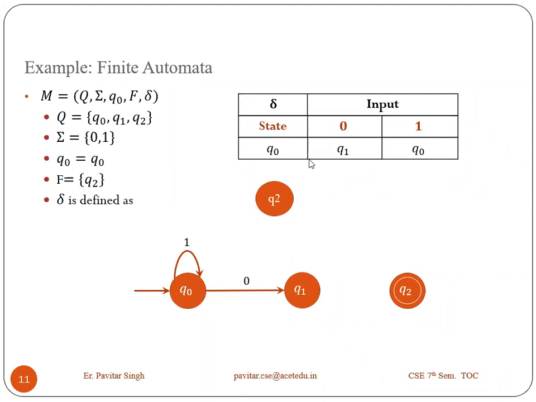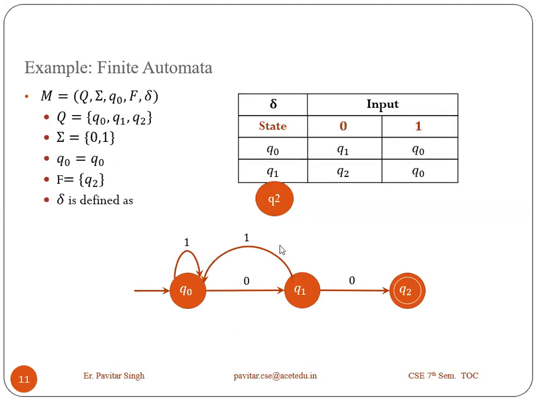I am drawing the table one by one. Next we have Q1 upon the processing of 0, it goes to Q2.